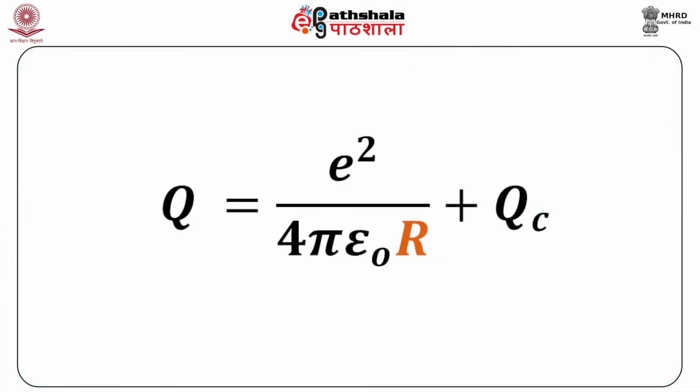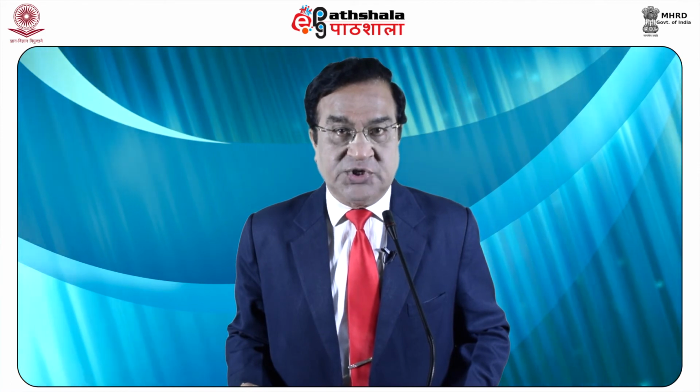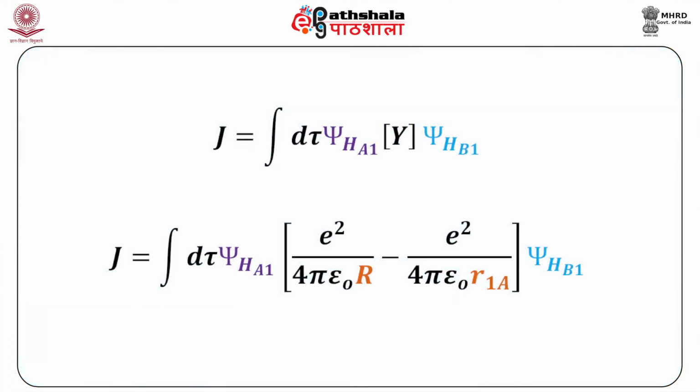Therefore, we can see here that our Q becomes equal to e square upon 4 pi epsilon 0 r plus QC. Similarly, let's look at the integral J. J, as you have already seen, is given by the integral d tau psi Ha1 y psi Hb1. Again, we put in the expression for y and simplify it.